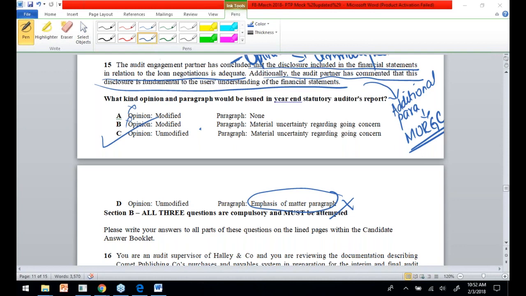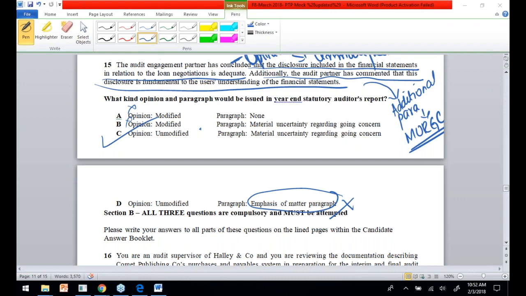For example, those students who don't know responsibilities of audit committees, or the period that should be covered by going concern assessment, cannot answer these questions correctly. In order to answer these questions correctly, you need to have in-depth knowledge of the text.